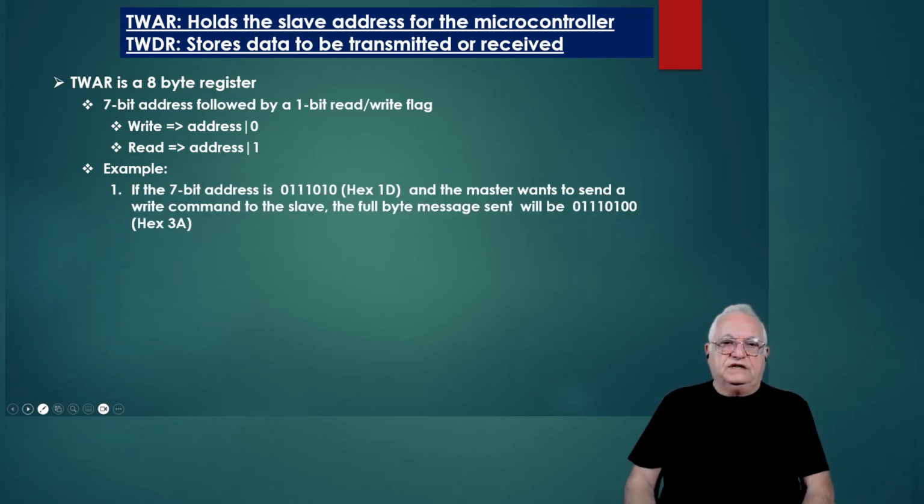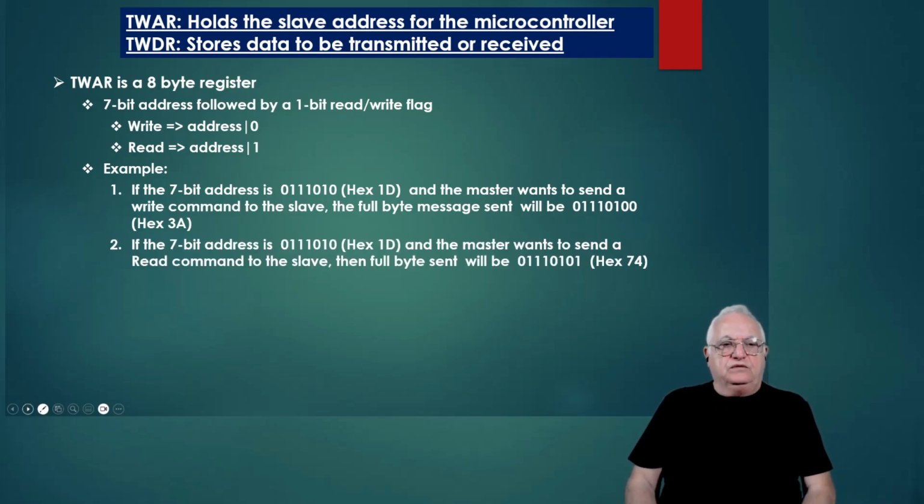So here we have an example. If we have a 7-bit address, which is hex 1D, and the master wants to send a write command, then what it does is take this value, which is 0111010, and add a 0 at the end, which would be hex 3A.